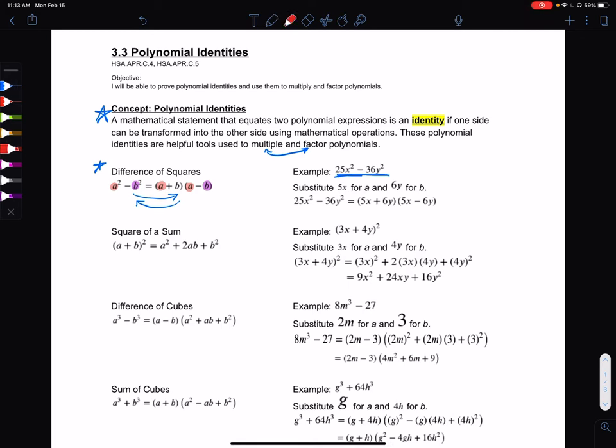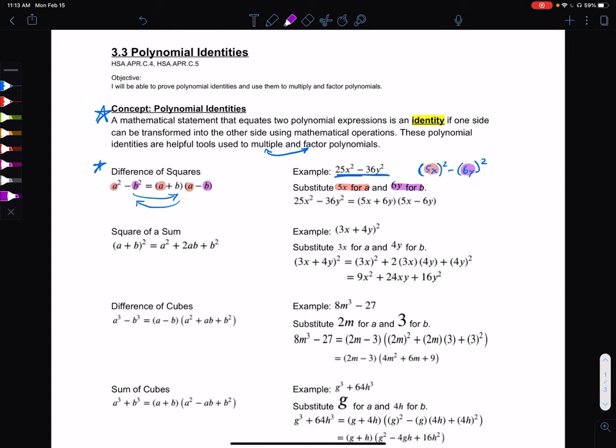We're looking for what is squared here, in a squared minus b squared. This is really 5x squared minus 6y squared.